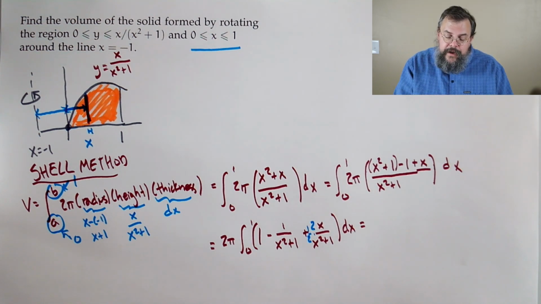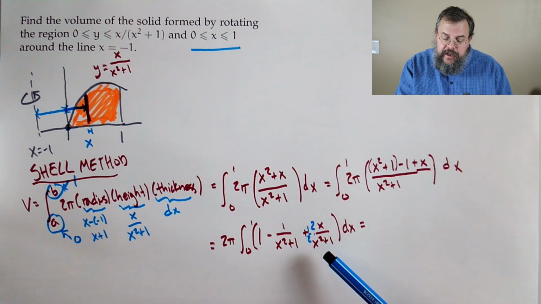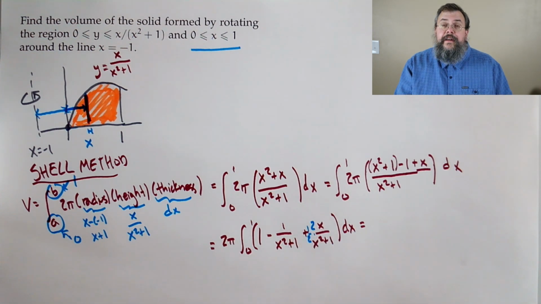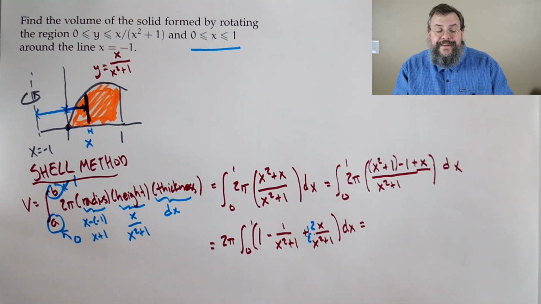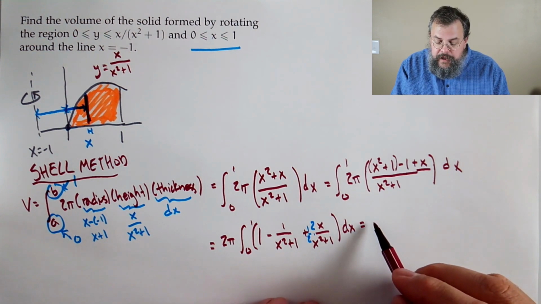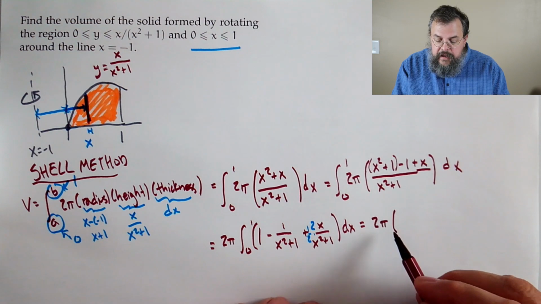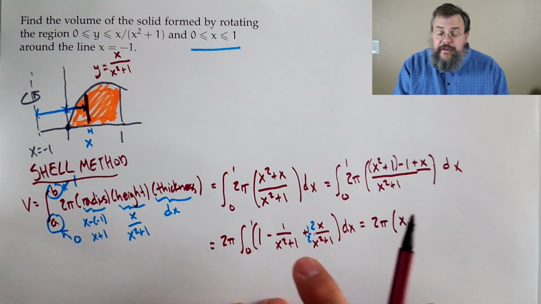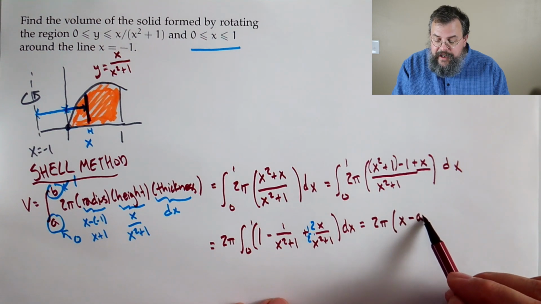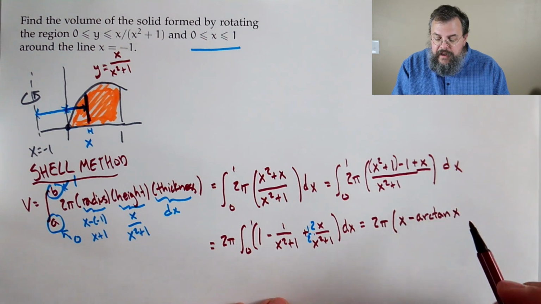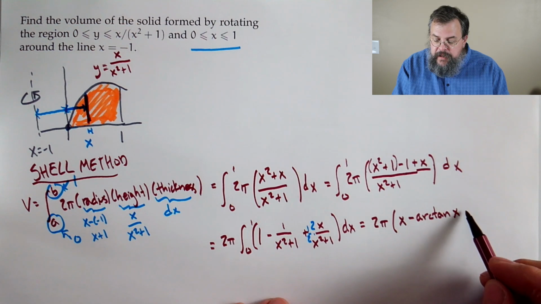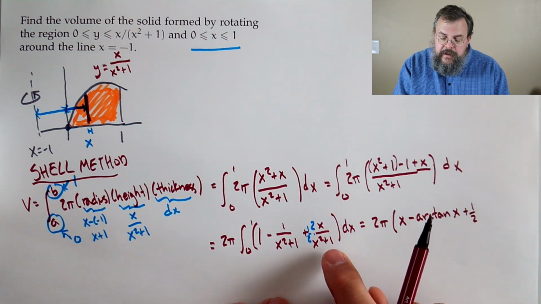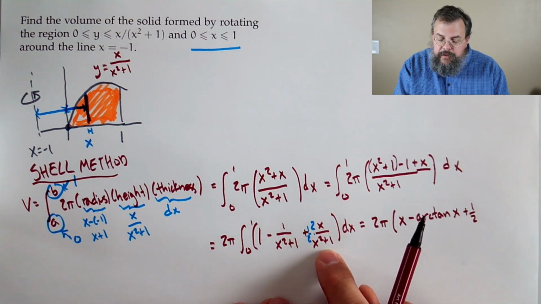And now, what do you have? We have a function downstairs, derivative upstairs. That's a log. And so let's write out what we have. So we have 2 pi. Integral of 1 is x. Integral of 1 over x squared plus 1, arctangent of x. And then 1/2. And now the integral of 2x over x squared plus 1.